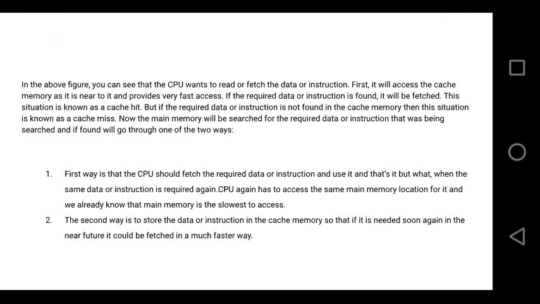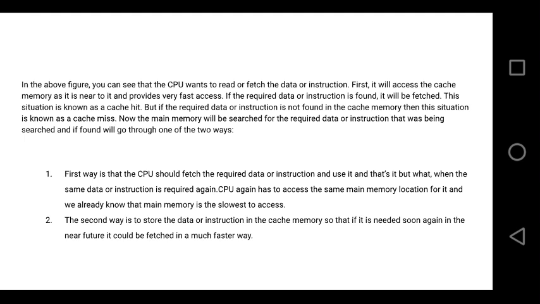But what when the same data or instruction is required again? Then the CPU again has to access the same main memory location, and we already know that main memory is slowest to access when you compare with cache.